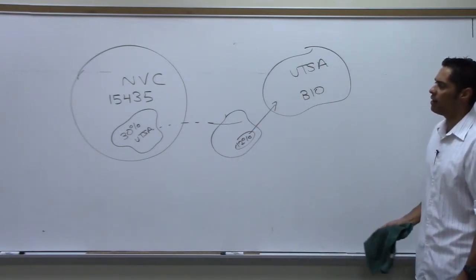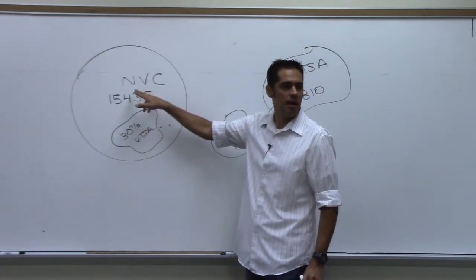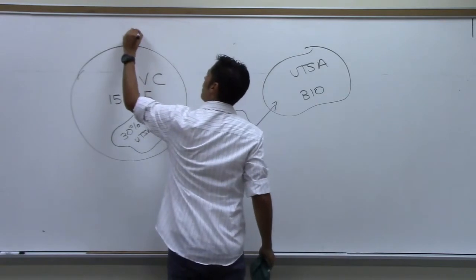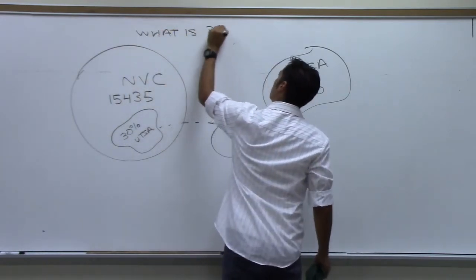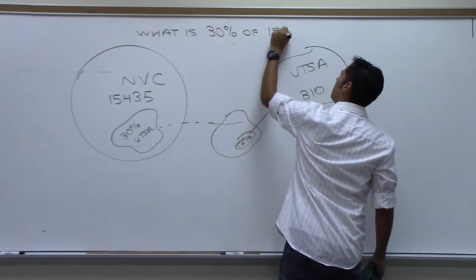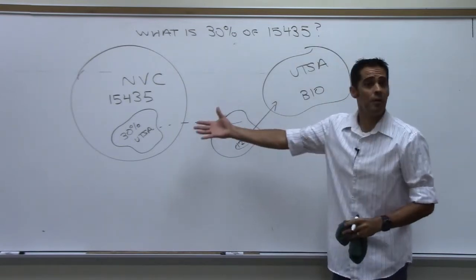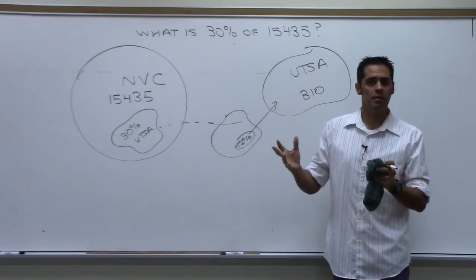So first, let's figure out what 30% of this number is. So I'm going to ask myself that question. What is 30% of 15,435? So that's my first thing. And then I create an equation out of that, and I solve for it.